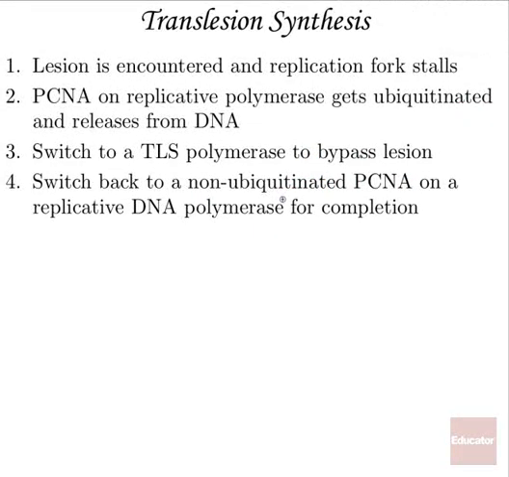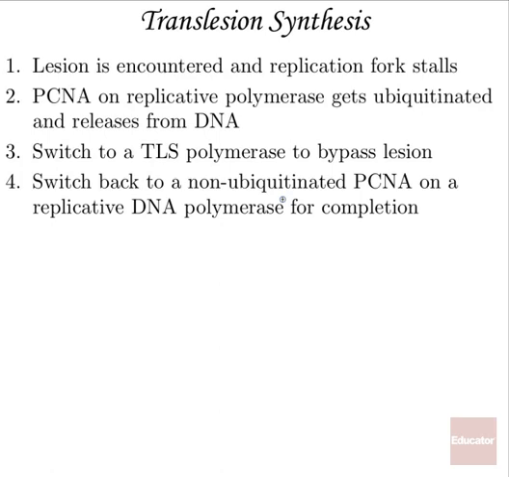So the steps of TLS: first the lesion's encountered and we stall the replication fork. Secondly, the PCNA, the sliding clamp on our replicative polymerase, gets ubiquitinated. Ubiquitin is just a very small protein, and it can be added to our sliding clamp, and that will cause the sliding clamp to release from DNA.